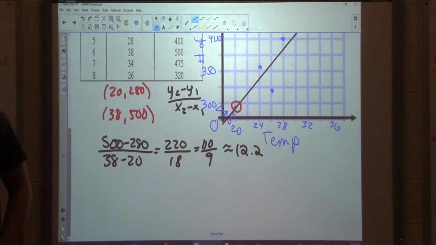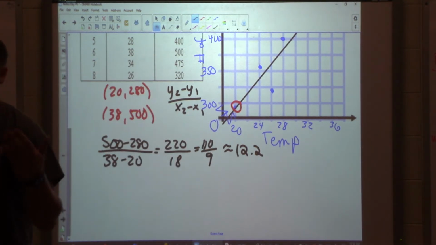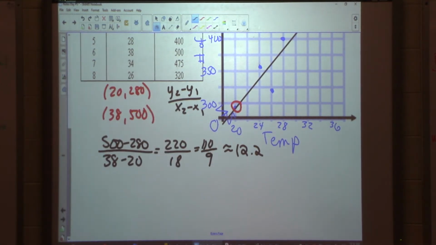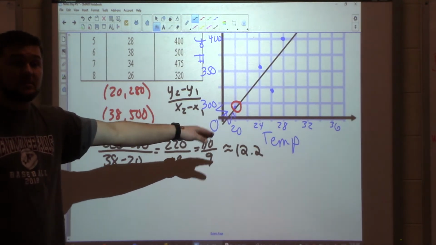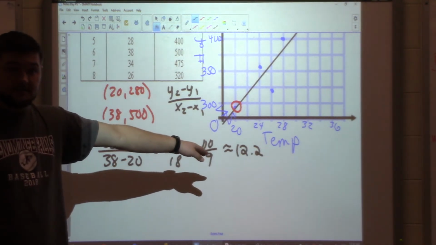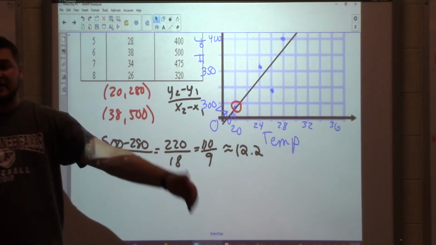Okay. Is everyone with me still? Do we have any questions before I keep going? We found the slope for our line that we drew in. Now, like I said, on a test, your line may be different than mine. You may have a little different slope than me. That's okay, it's your best approximation. Just make sure you're showing your work so I can follow it. We have our slope.